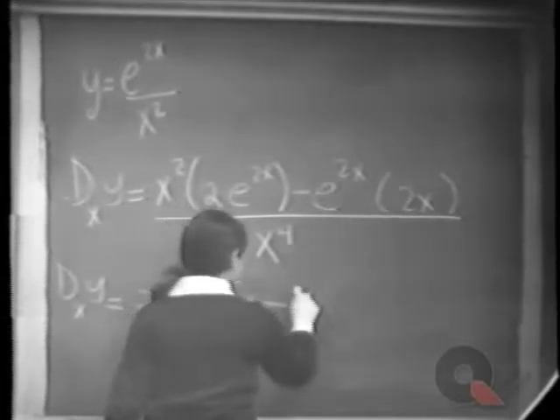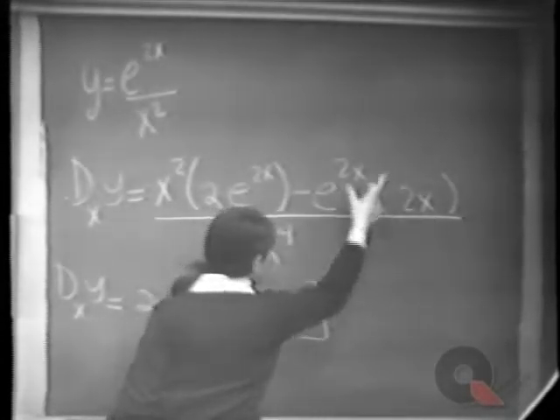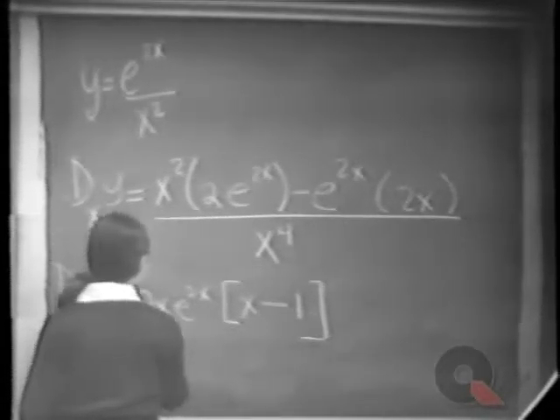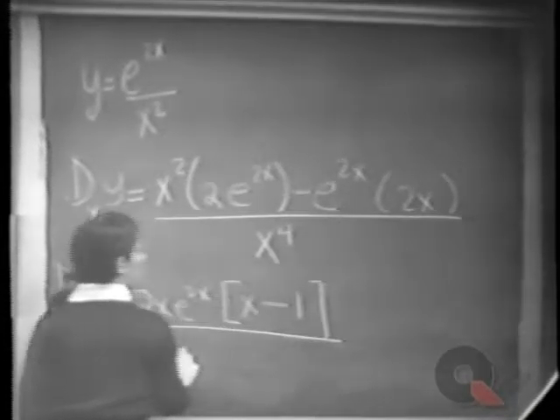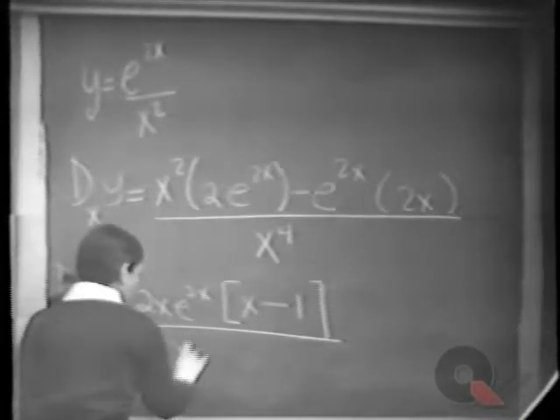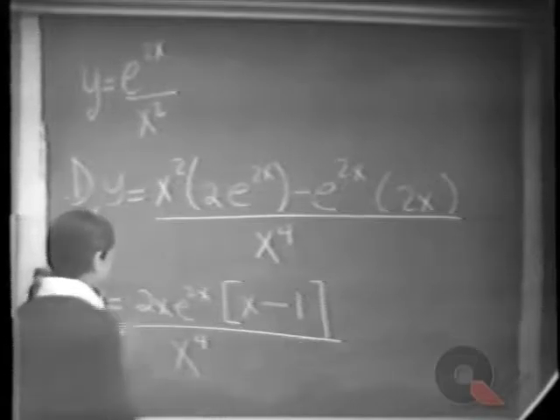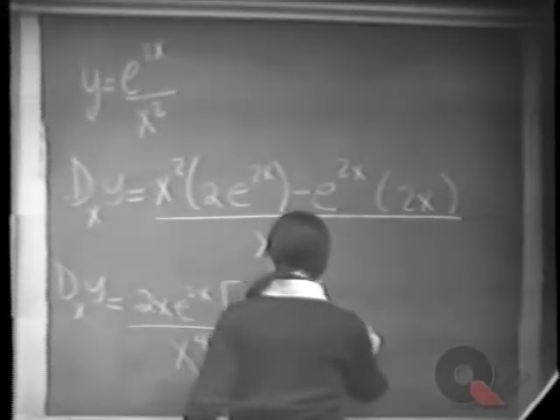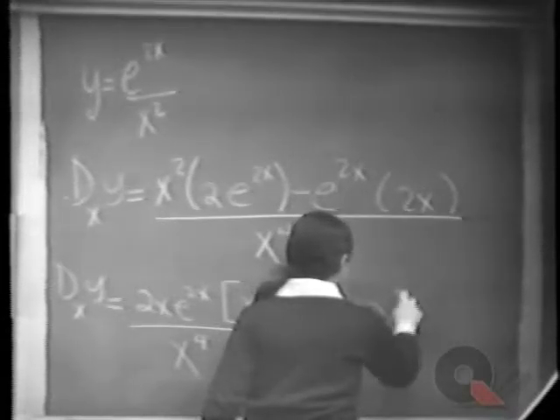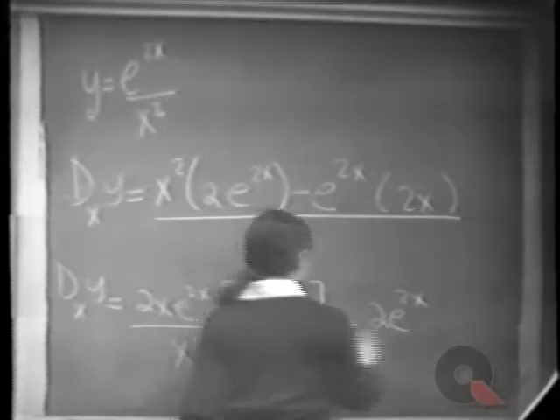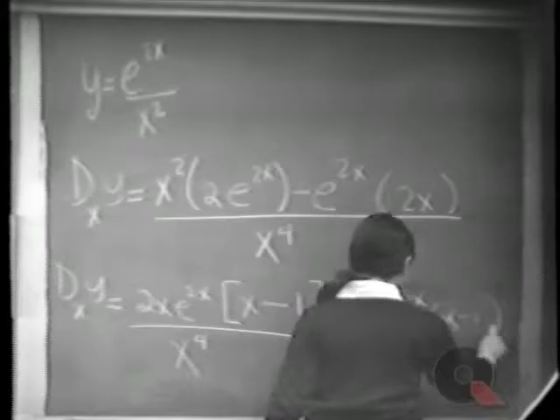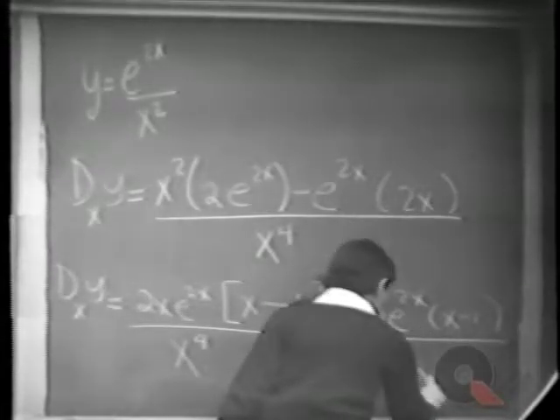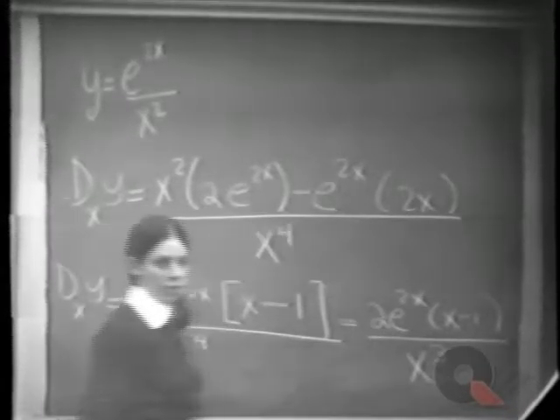Take away 1, because we just have 2x e to the 2x, divided by x to the 4th. And you can divide numerator and denominator by x. So we would get 2e to the 2x times x minus 1, all over x cubed.